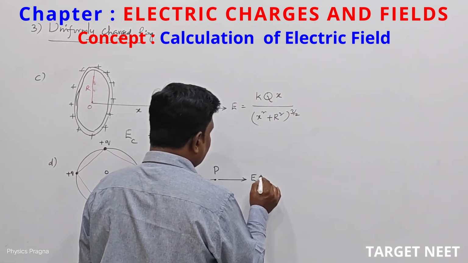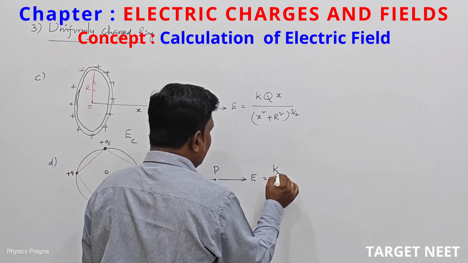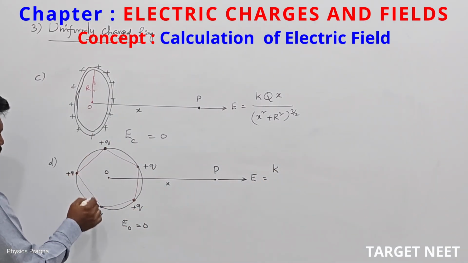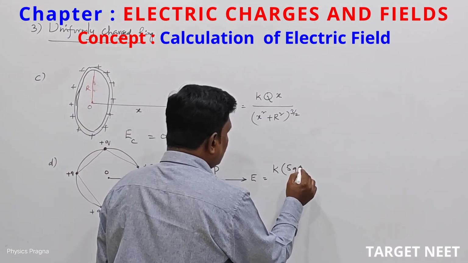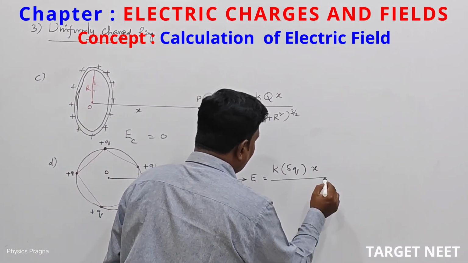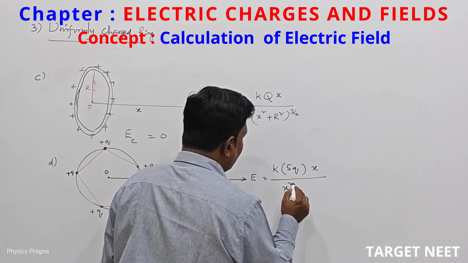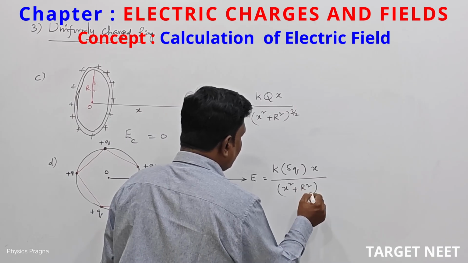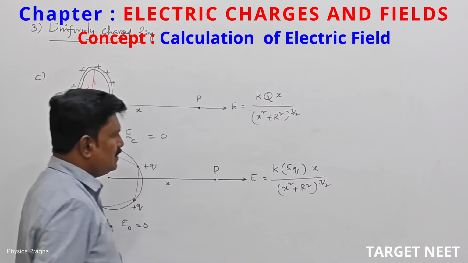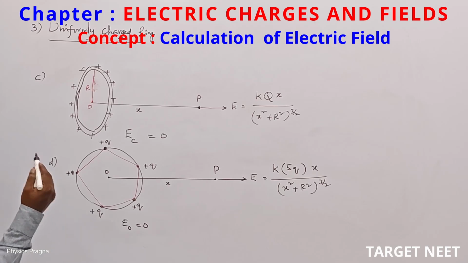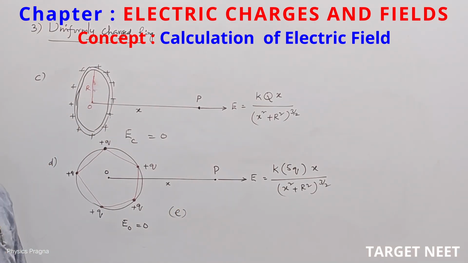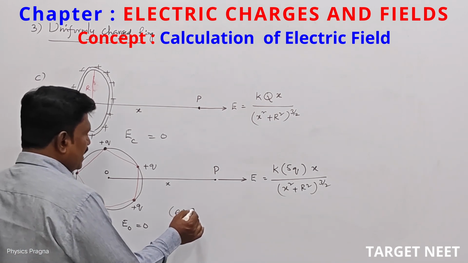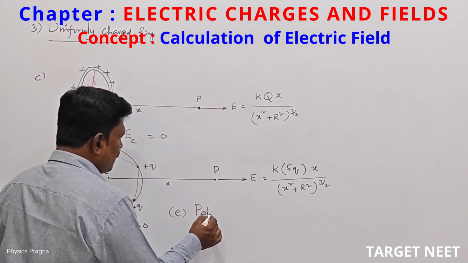So E is equal to, same formula you have to use, K, total Q is 5 charges of Q, into x by (x square plus r square) whole power 3 by 2. Like that, if many charges are there, they may give 5 charges, 6, 7, 8, whatever it may be. We take it as a polygon.